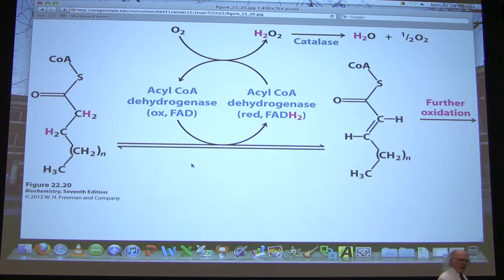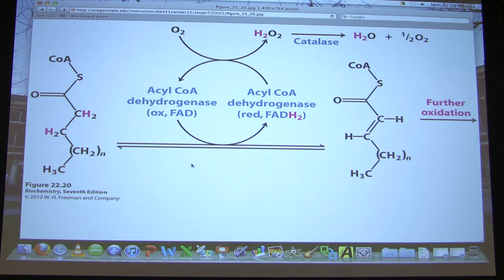Peroxisomal fatty acid oxidation requires that long-chain acyl-CoA dehydrogenase that I talked about. There it is. And this enzyme is only found in the peroxisome. So if you want to oxidize long-chain fatty acids, you have to first of all get them into the peroxisome, and when they go into the peroxisome, they get a CoA just like they got in the mitochondrion.